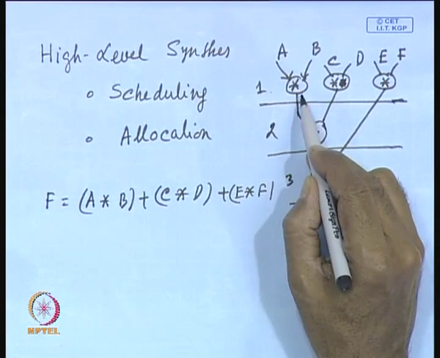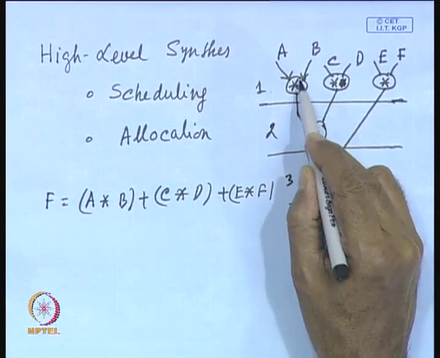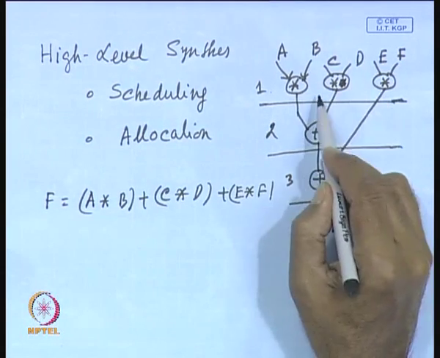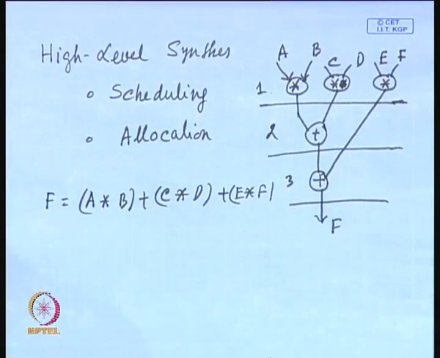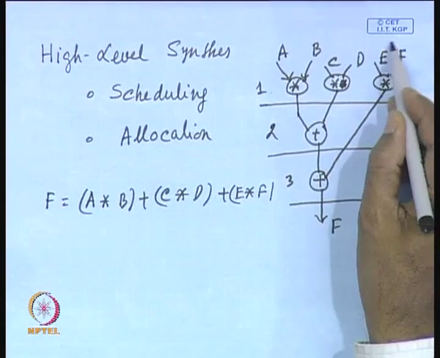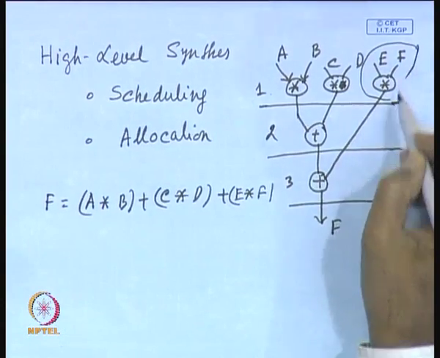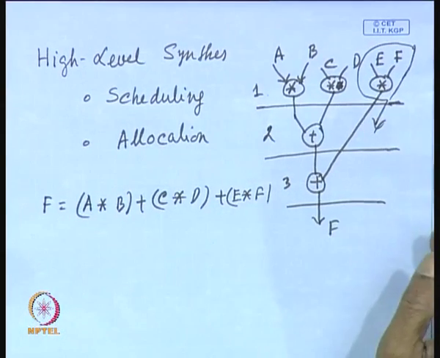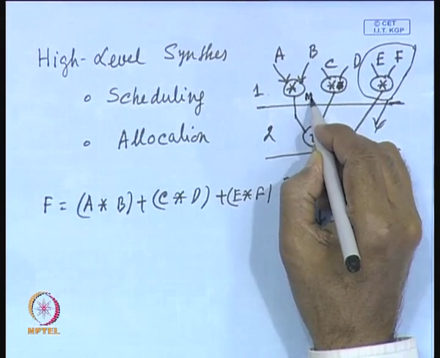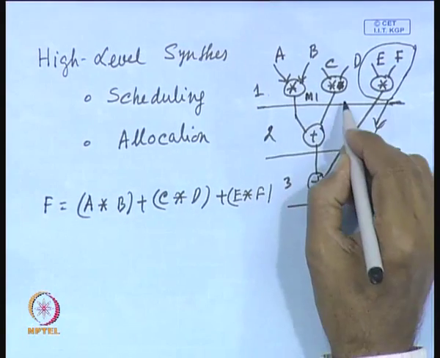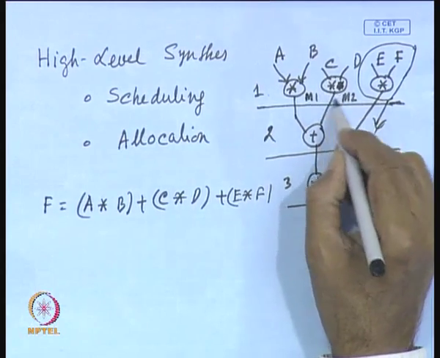Then in allocation, you are essentially allocating different circuit elements, circuit blocks, to different functions. So, a multiplier has to be allocated to the operation multiplication, an adder has to be allocated to addition. Suppose this particular multiplication is scheduled in this step. In this case, multiplier 1 can be allocated to this operation, multiplier 2 can be allocated to this operation.